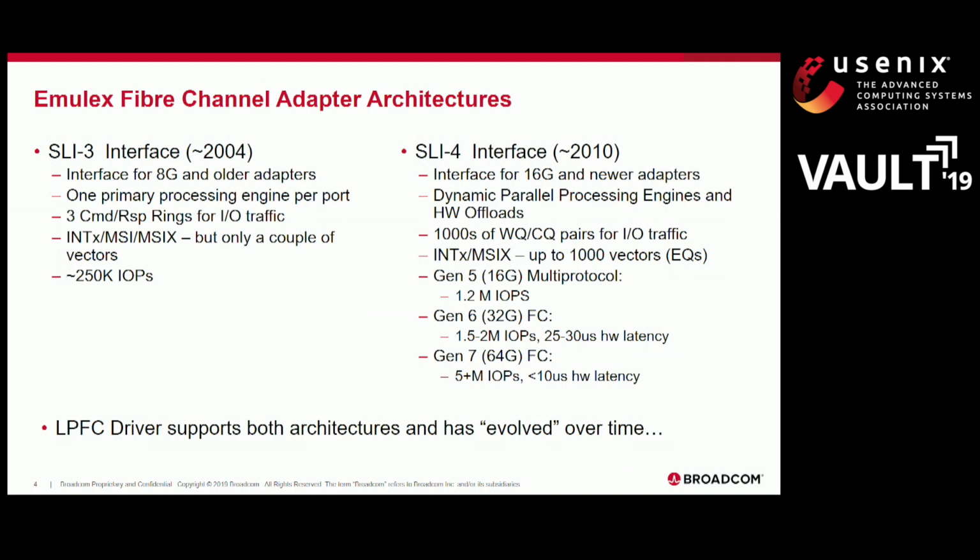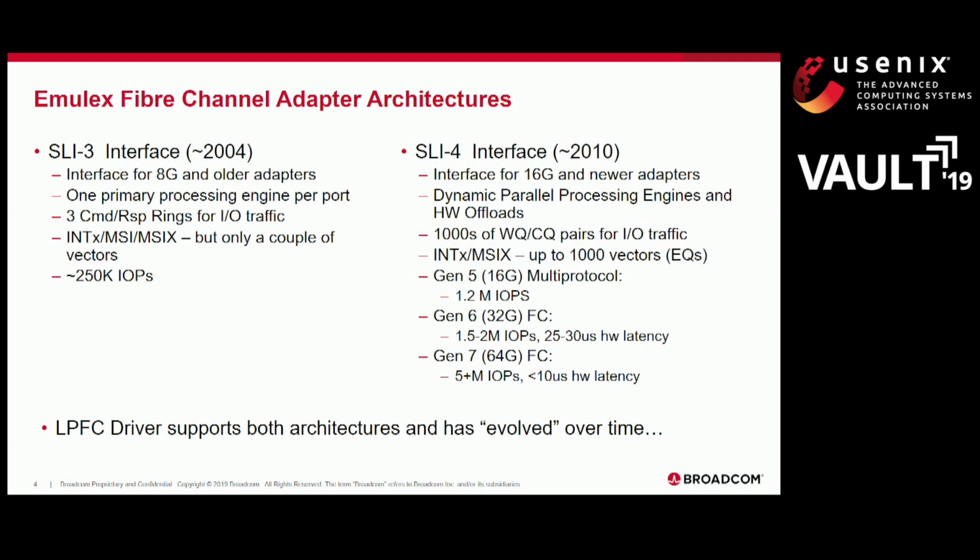The resource levels on it are in thousands of queues, so the notion is that we can have command queues and completion queues for every CPU in the system, and up to 1,000 vectors so that we can get interrupt vectors for every CPU as well.